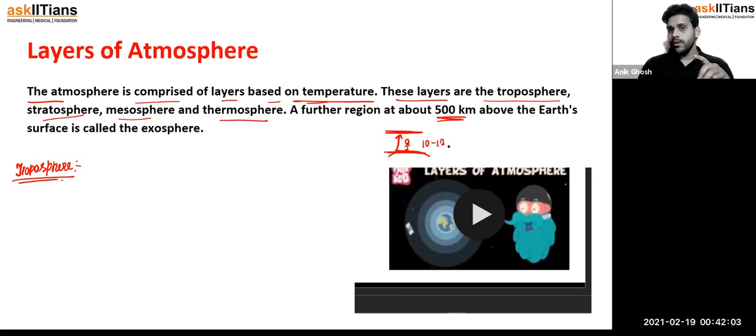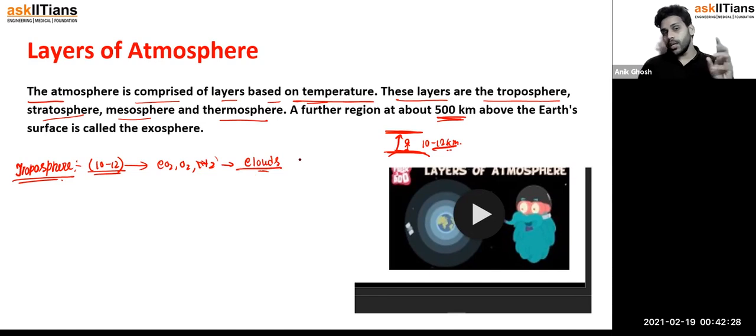This is the place where carbon dioxide, oxygen, nitrogen, all these types of gases are found. Clear? And this is where we can see the clouds. So this is all about the troposphere.